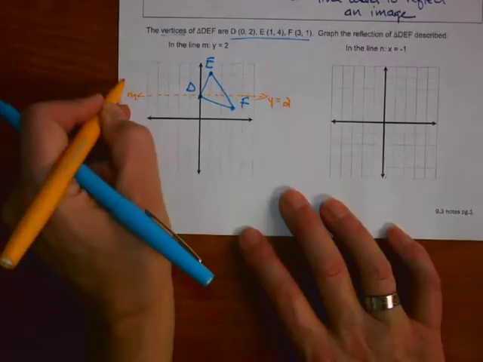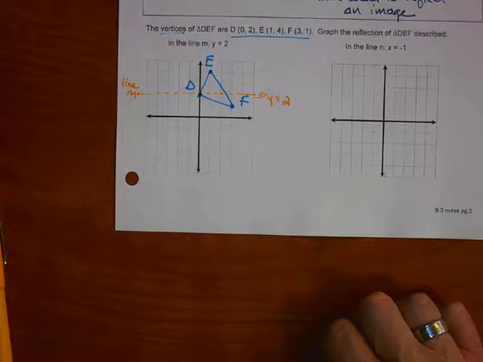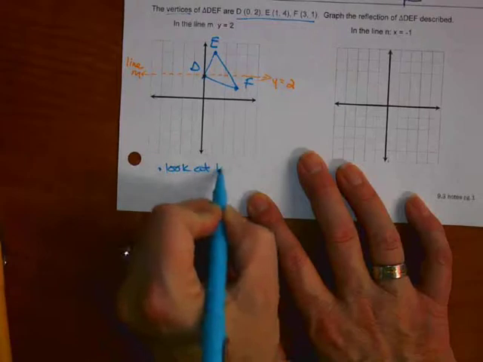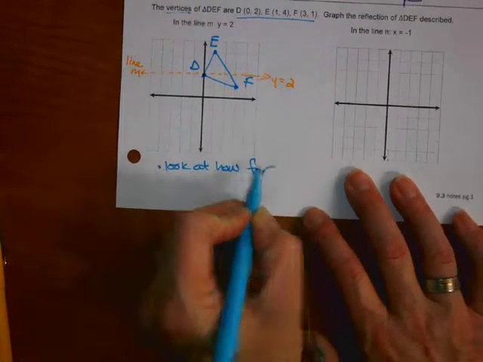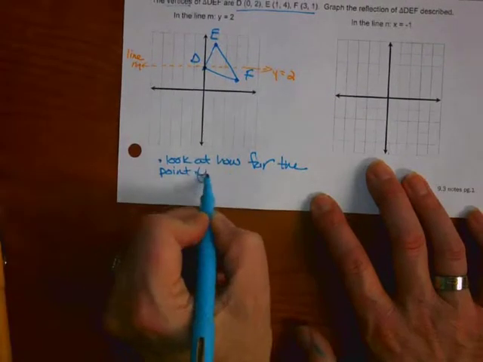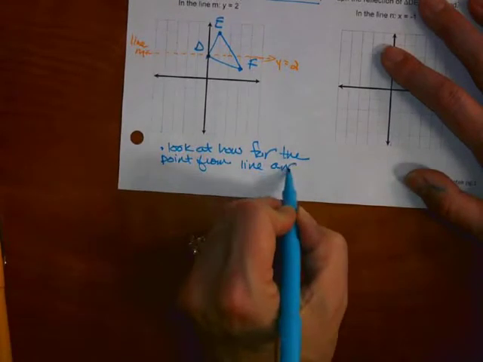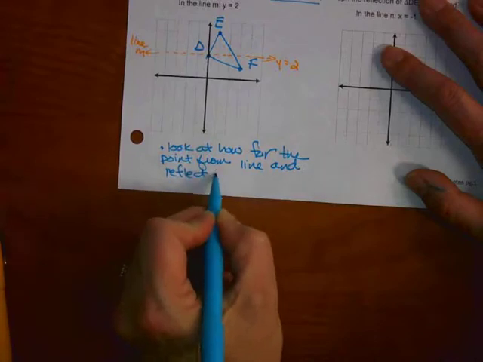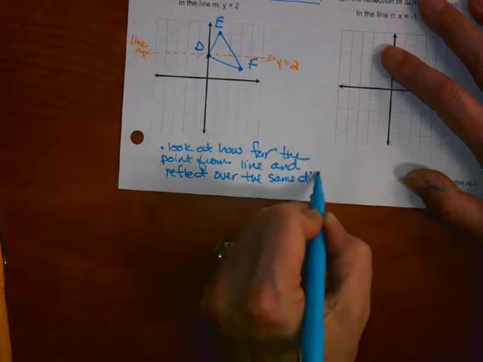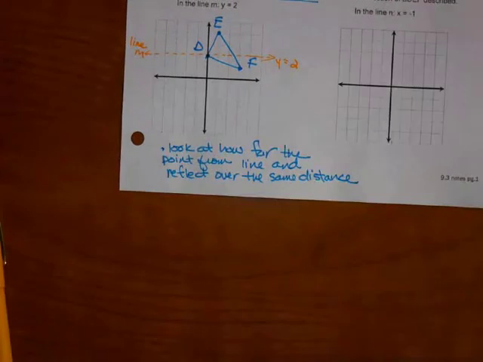That's line M. Okay, so there's nothing really tricky here. All you do is look at how far the point is from the line and reflect over the same distance. So just do each point at a time. Instead of looking at it as a shape, look at its vertices.